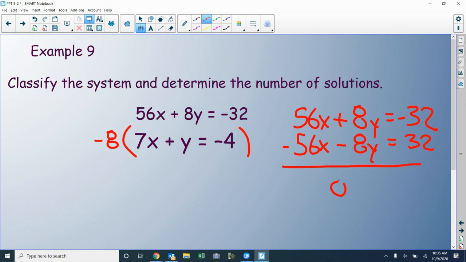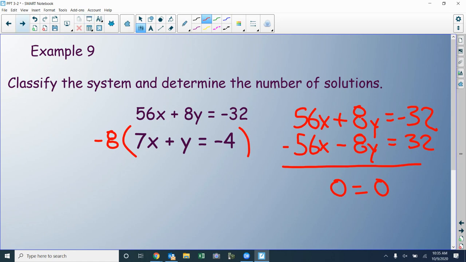It's going to end up with 0 is equal to 0, aren't we? Yeah. So that is true. So these lines are what? Same. Questions? True statement. Infinite amount of solutions.